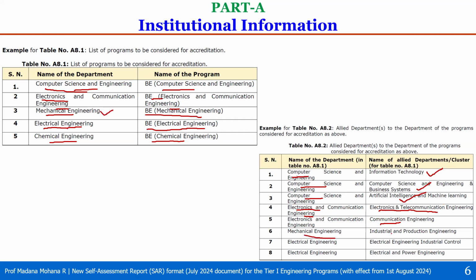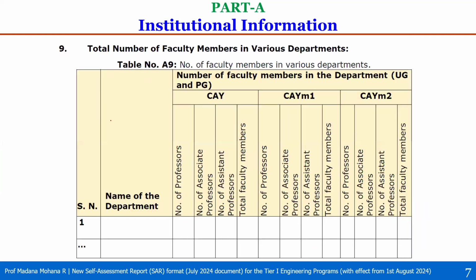For mechanical engineering, the allied department is industrial and production engineering. The next department, electrical engineering. For electrical engineering, industrial control, and one more, electrical and power engineering. Next, chemical engineering also has allied departments. So we have to mention all the allied departments of the department you are applying for the programs.